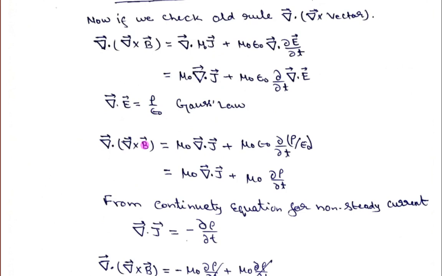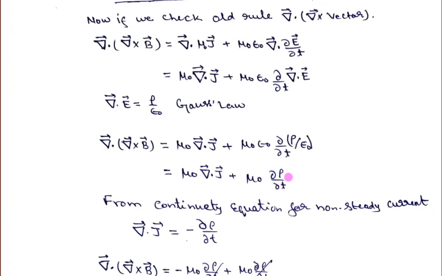So the divergence of curl of B is equal to mu 0 divergence of J plus mu 0 epsilon 0 del upon del t of rho upon epsilon 0, because in place of divergence of E we can write rho upon epsilon 0. So epsilon 0 and epsilon 0 cancel out, and we get mu 0 divergence of J plus mu 0 del rho upon del t.